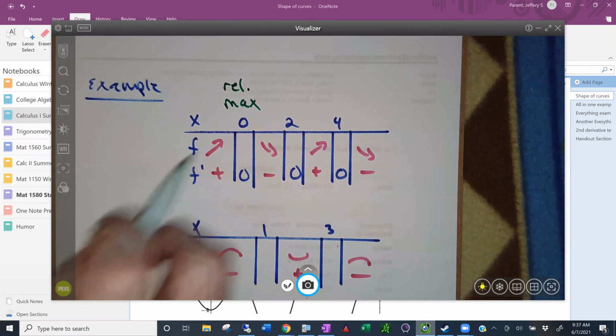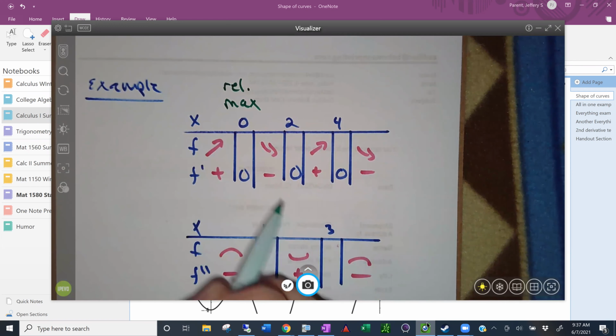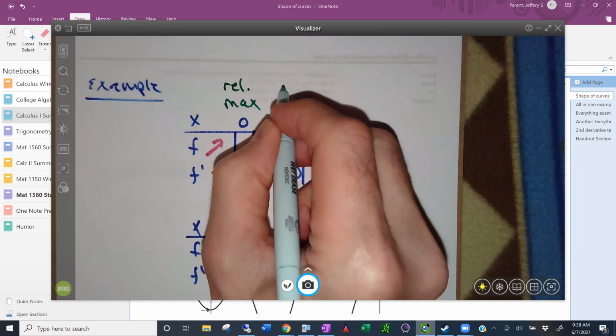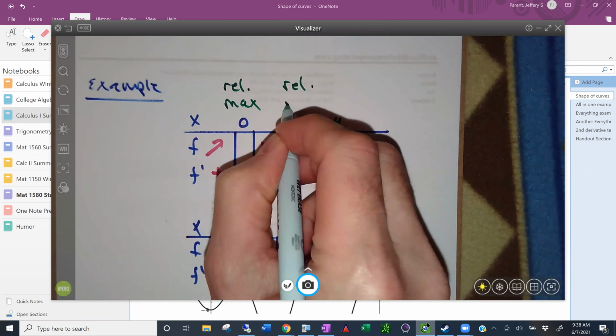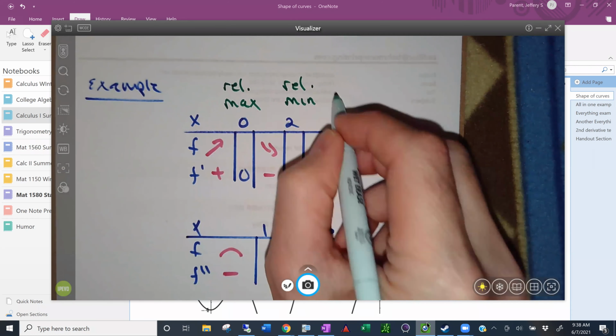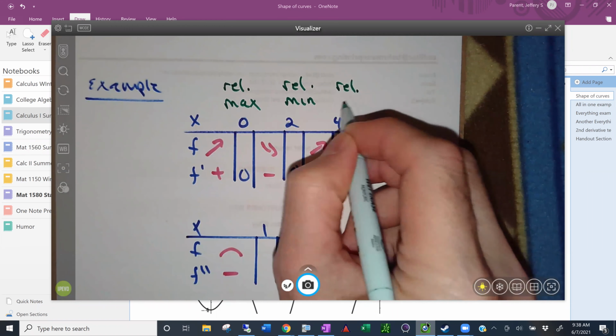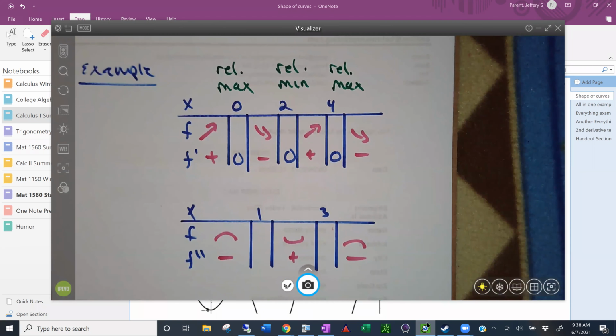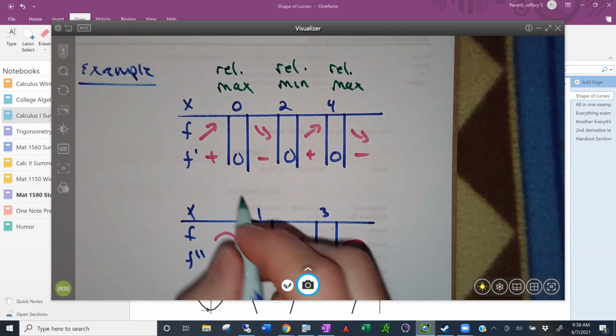Because you're going up and then you start going down, so that's a max. And then conversely, going down, then start going up, it's a relative min. And finally, a relative max. And these are both inflection points.